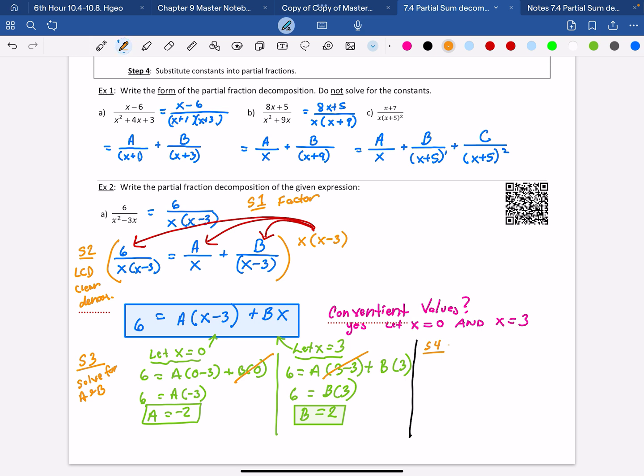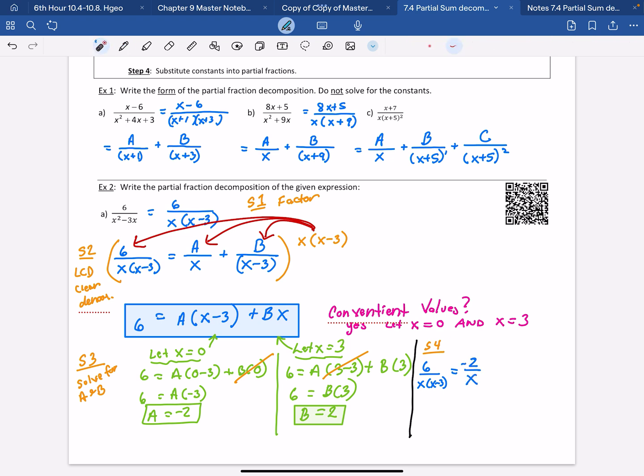You're going to substitute A and B into this equation right here. We're going to take the two values in our partial fraction decomposition, equal to the original equation. We can leave it factored, or you can go back to the original. It doesn't really matter, but that equals A, which is negative 2 over x.